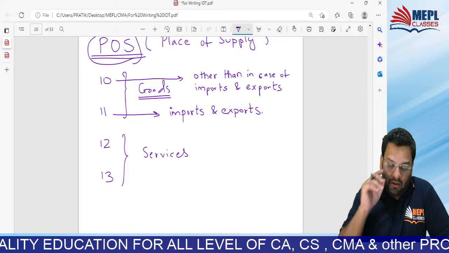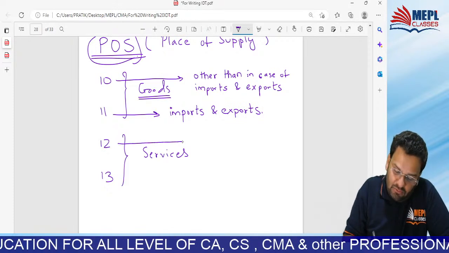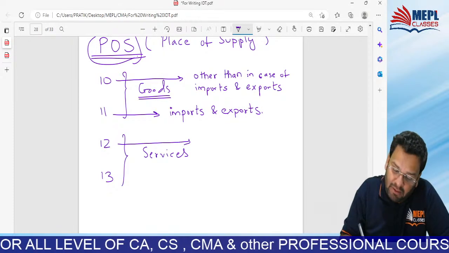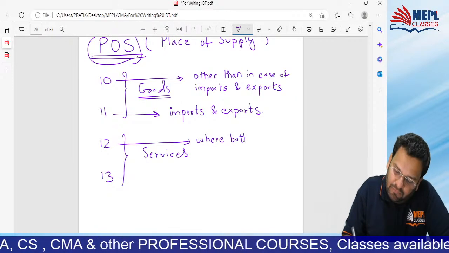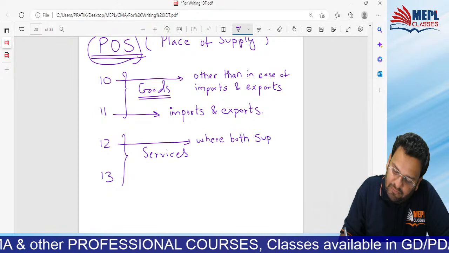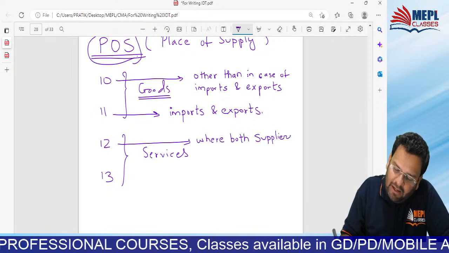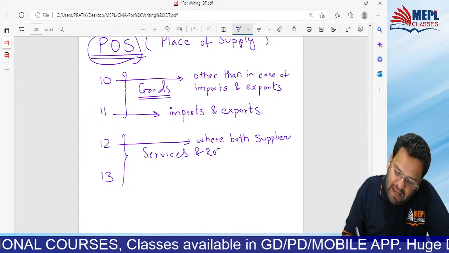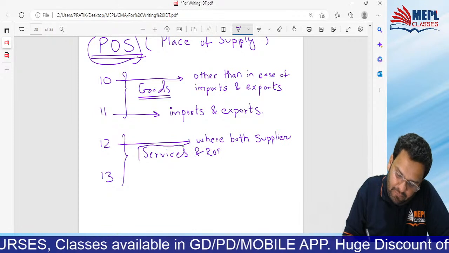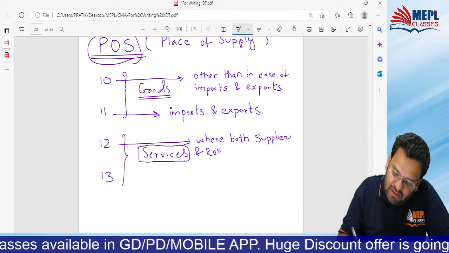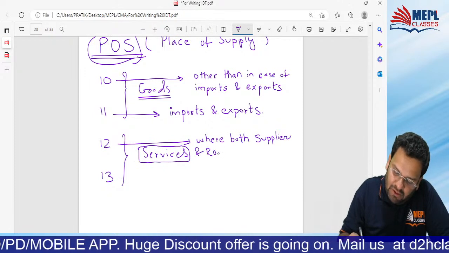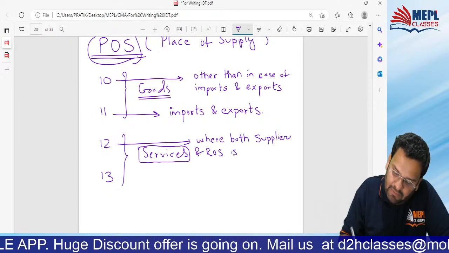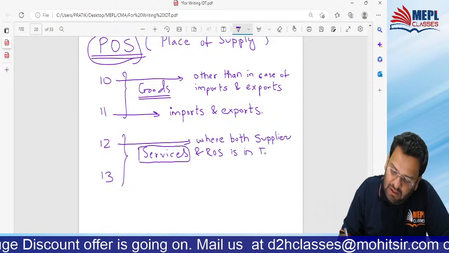Section 12 is place of supply of services, but where both supplier and recipient of supply is in India.